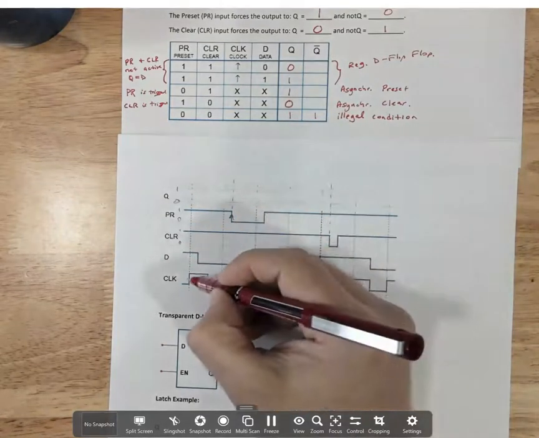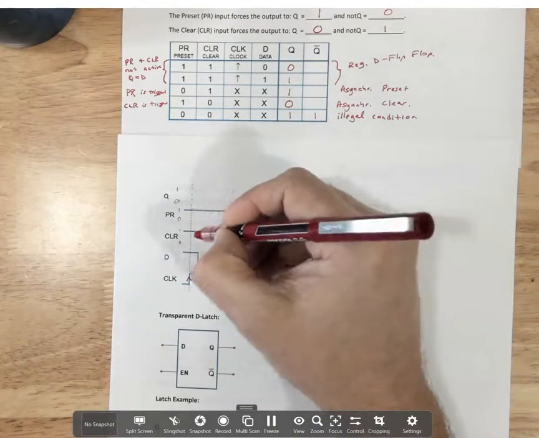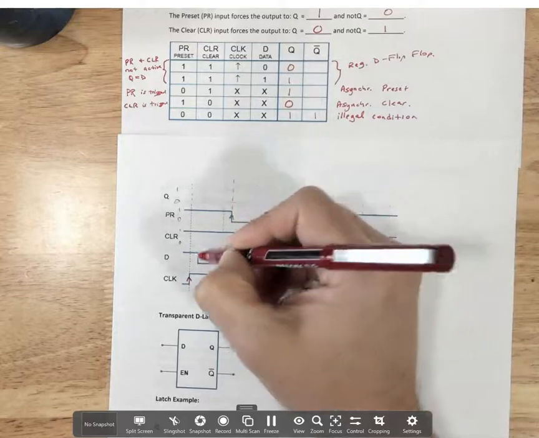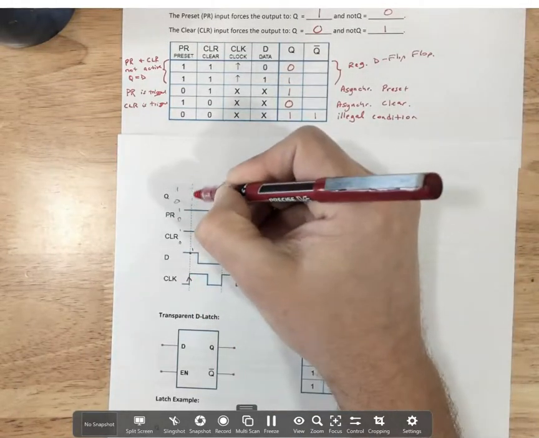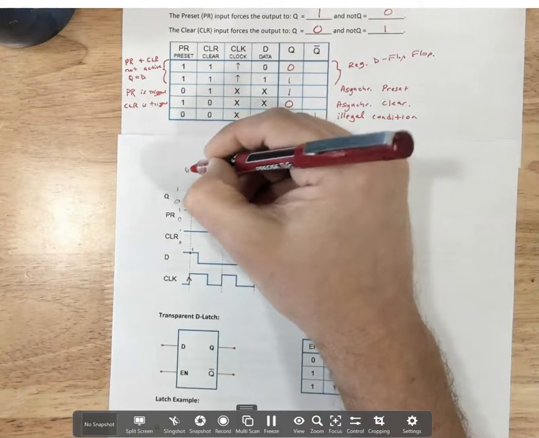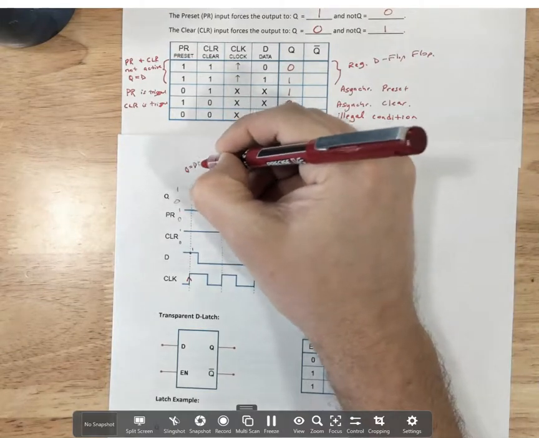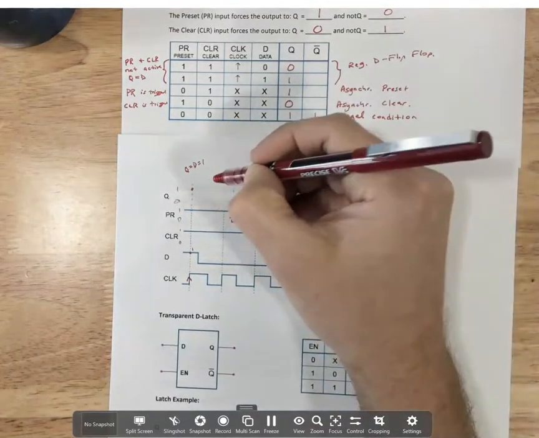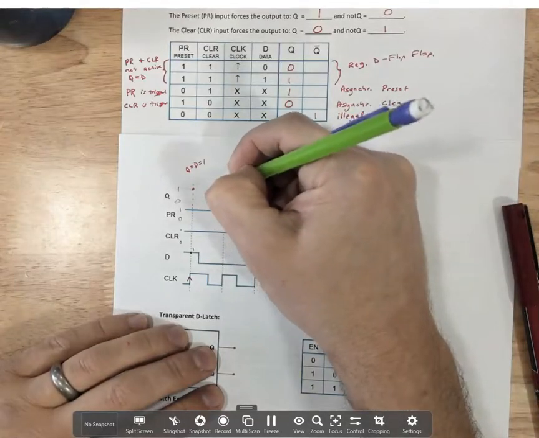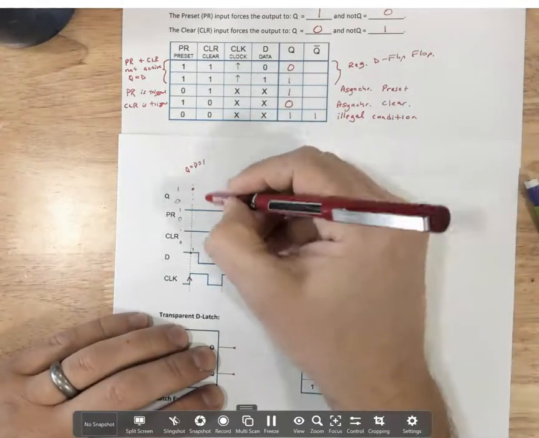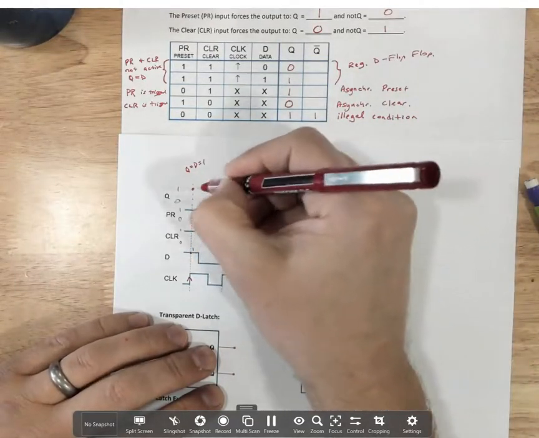But on the rising edge of the clock, preset and clear are both disabled, and D is high. It's a 1. So Q wants to match D in this case. Q is equal to D, which is equal to 1. So that's going to go high, and it's going to stay high through the next interval, the next rising edge, unless preset or clear got triggered, but they didn't.